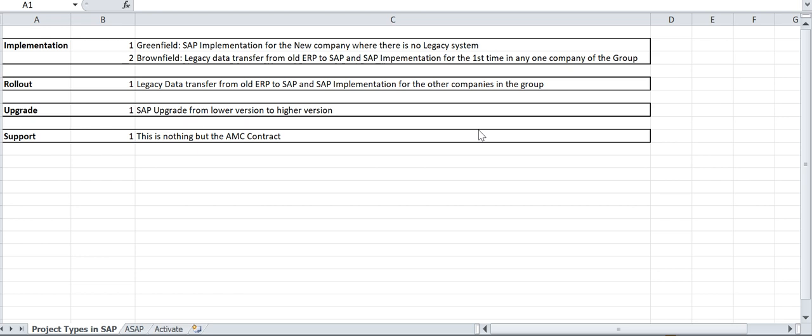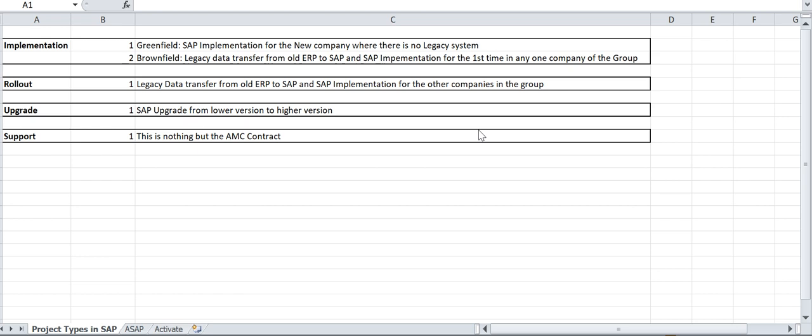Okay, now let us talk about the fourth kind of project in SAP, the support project. A support project is nothing but the AMC contract, a maintenance contract. In this project, the ERP is already in use by the companies. Their users regularly post transactions and do reporting from SAP.